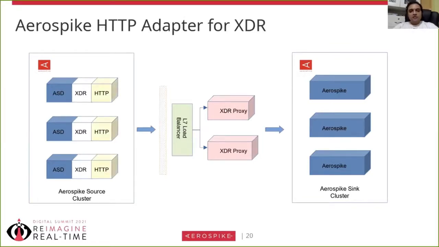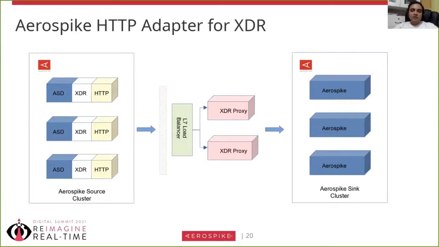In cases where you have access to an L7 load balancer, a better deployment would be to have XDR coupled with another component called HTTP adapter for XDR. This component converts XDR change notifications into HTTP requests, which then can be routed to an L7 load balancer.